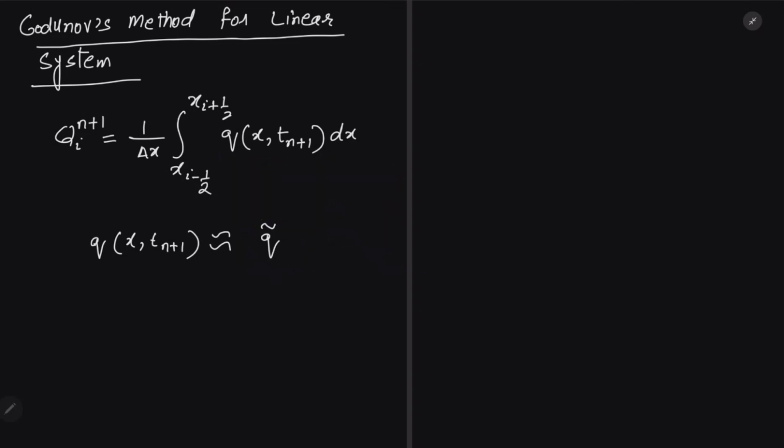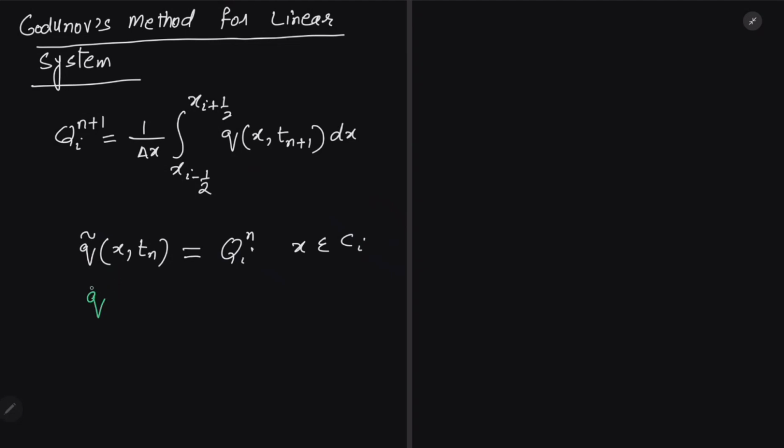Okay, suppose we replace q tilde(x, t^n) with a constant value, which is Q_i^n, for x belonging to cell i.